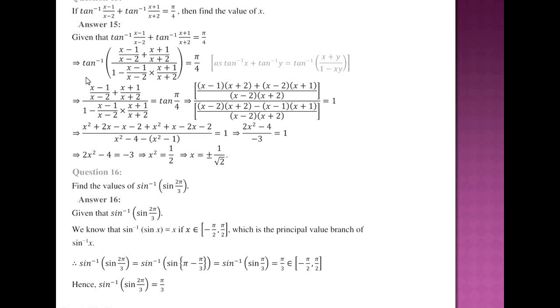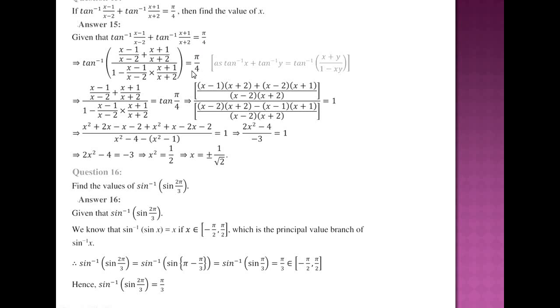So when you solve this, you definitely get x minus 1 into x plus 2 plus x plus 1 into x minus 2 in the numerator. You are supposed to take the LCM, right? And the denominators x minus 2 and x plus 2 will get cancelled. You have to open the numerator and the denominator also. And you know very well that this tan inverse is being shifted to that side. It has become tan pi by 4.